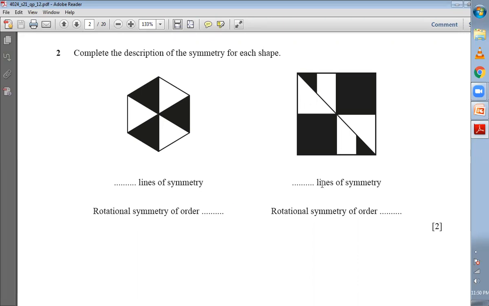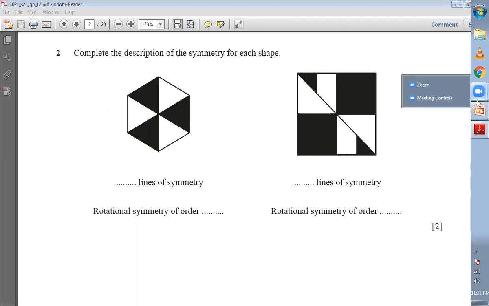Here, if you try to draw a line of symmetry, for example here, when you bend along this line, you will observe that this and this will not come over each other. So there is no line of symmetry in this diagram, but the order of rotational symmetry is 2.